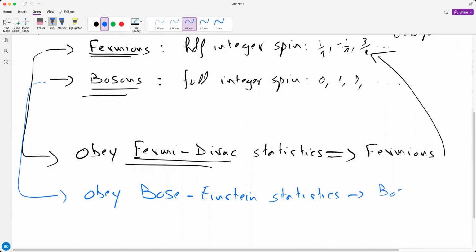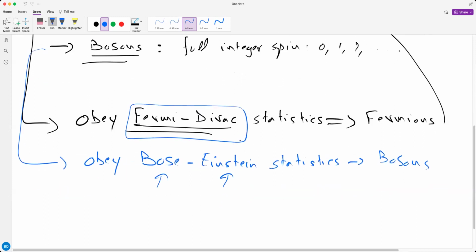Bose is a very famous Indian scientist, and Einstein we all know. So this is the difference between the particles as far as spin is considered: particles called fermions and particles called bosons. Because we are dealing with electrons, we will use Fermi-Dirac statistics.